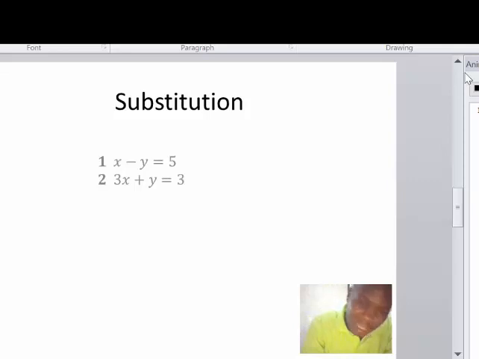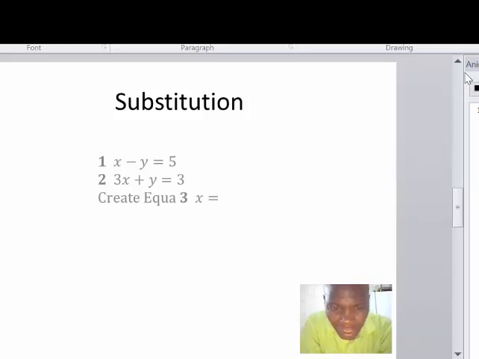Here now the trick is that you need to create or isolate one of the variables in one of these equations. So to do that, you create an equation called equation 3 by isolating one variable. So you'll isolate the x to start off with, where you'll have x then is equals to y plus 5. Now, where there's an x, you are going to then put y plus 5 in the second equation.